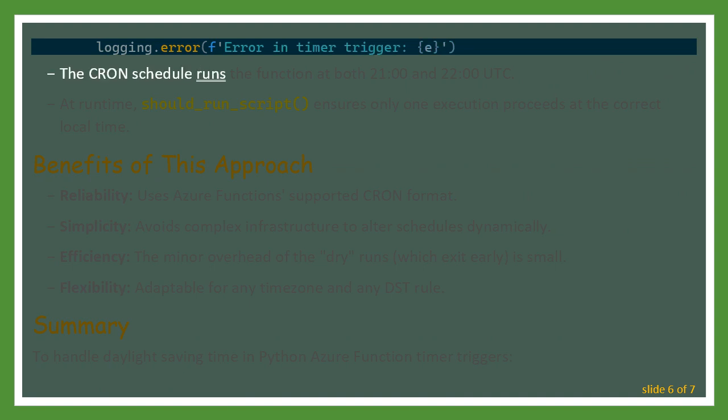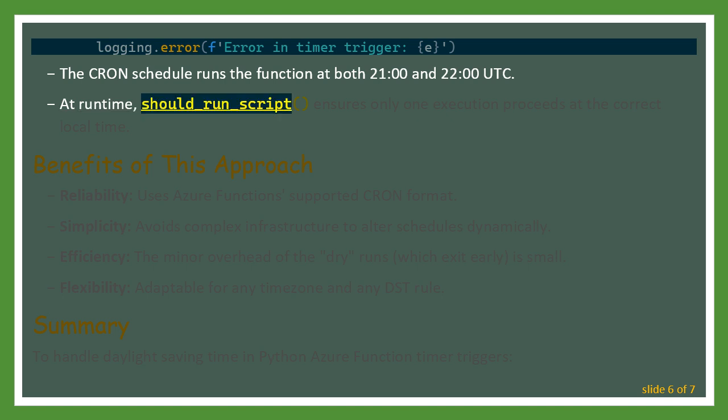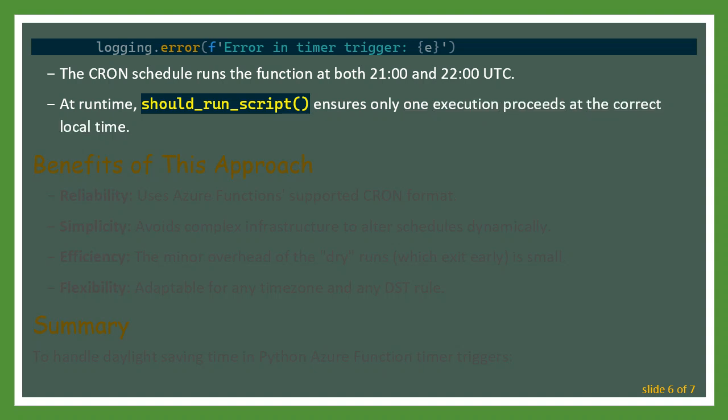The CRON schedule runs the function at both 2100 hours and 2200 hours UTC. At runtime, the should_run script ensures only one execution proceeds at the correct local time.